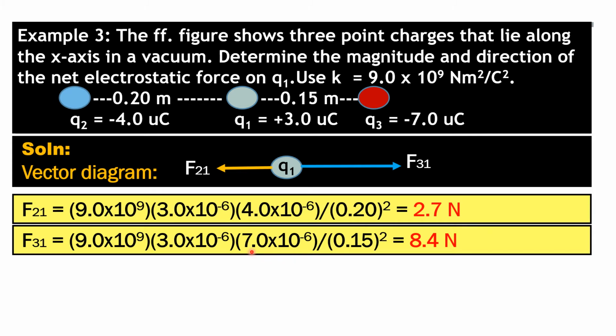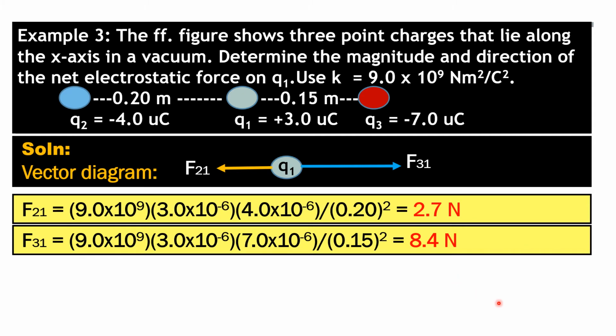And the value of Q3, of course, is 7 times 10 to the negative 6 coulomb. So doing the same method of multiplying and dividing using your calculator again, we will get as the magnitude of F31 8.4 newtons.